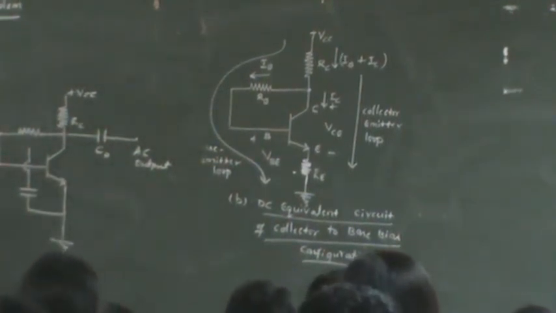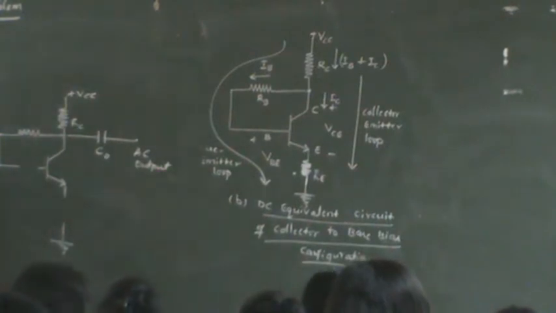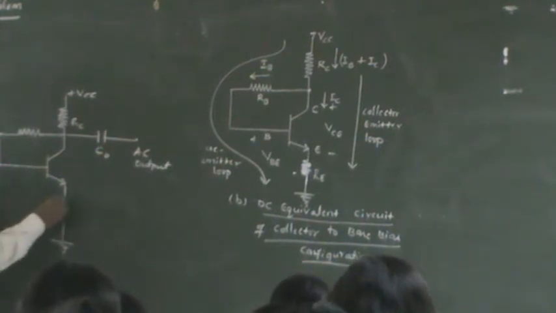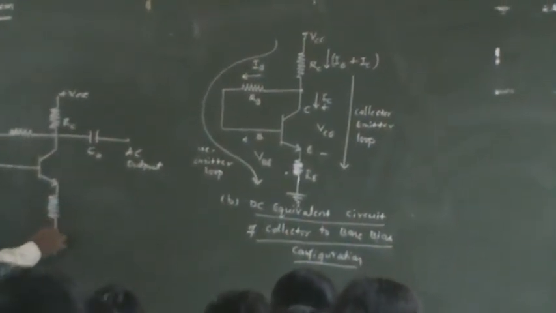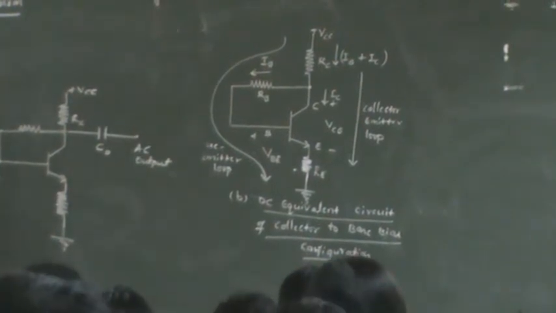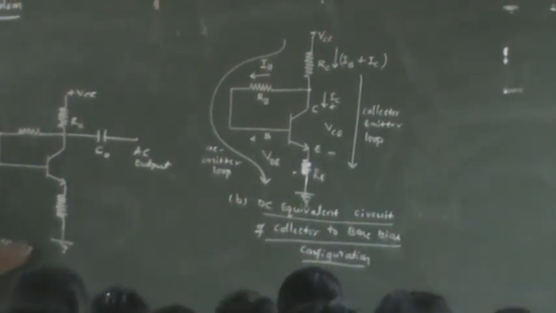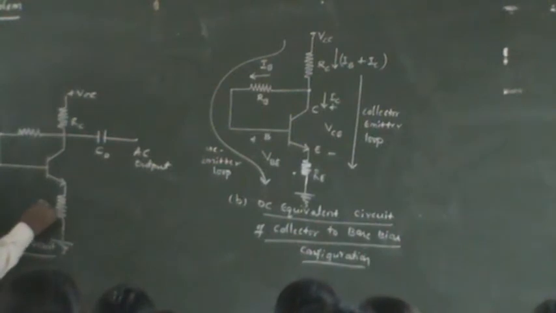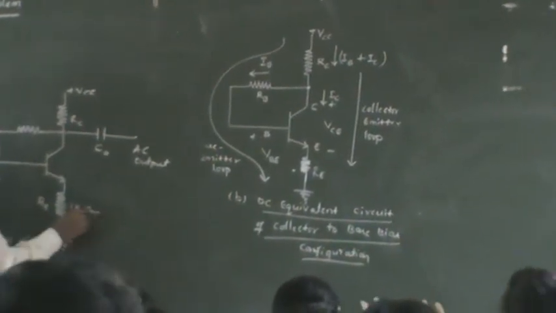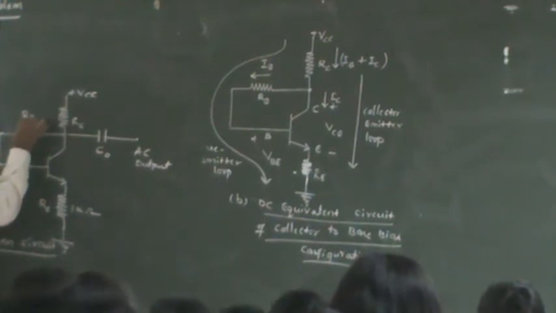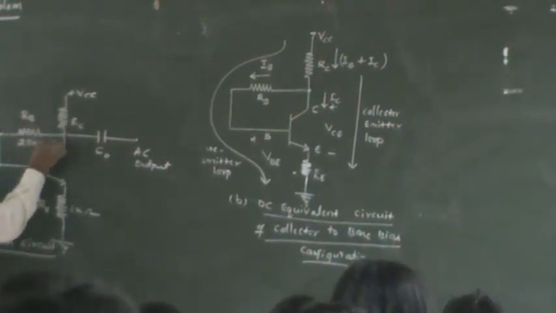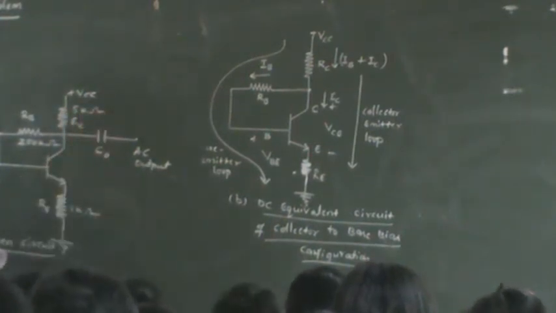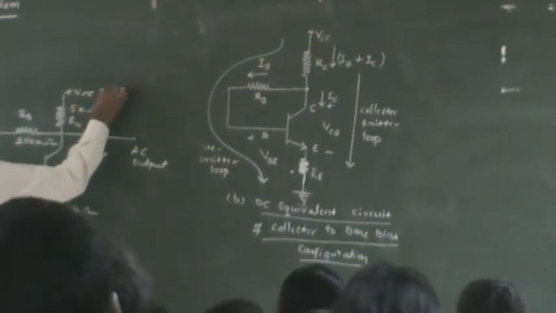Take down this circuit. Here is the given circuit. RE is given as 1 kilo ohm, RB is 200 kilo ohm, RC is 5 kilo ohm, VCC is 15 volts.